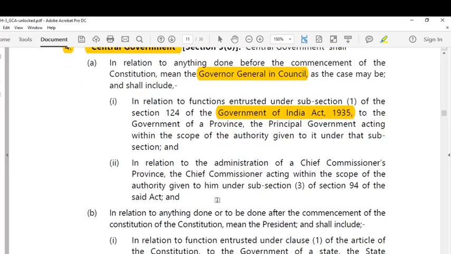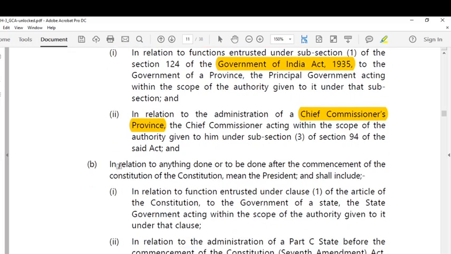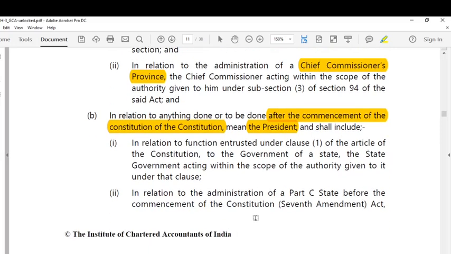And in relation to the administration of chief commissioner's province, the chief commissioners acting within the scope of the authority given to him under subsection 3 of section 94 of the said act, and in relation to anything done or to be done after the commencement of the constitution means the president, and shall include in relation to functions entrusted under clause 1 of article of the constitution to the government of a state, the state government acting within the scope of the authority given to it under the clause.